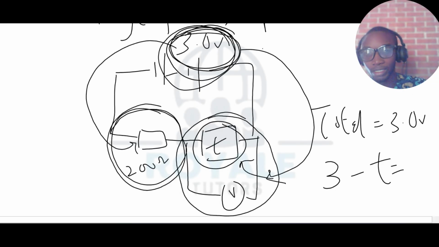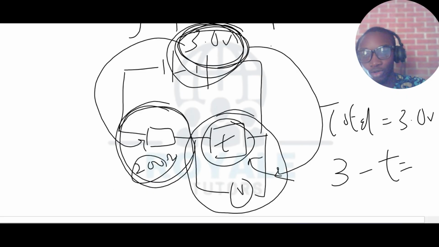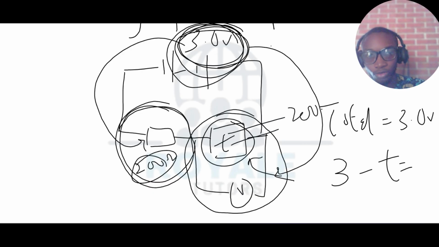Because this one is 200 ohms, and this one is also going to take the same 200 ohms resistance.